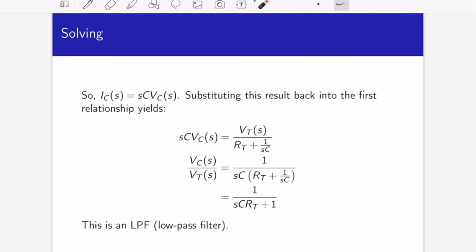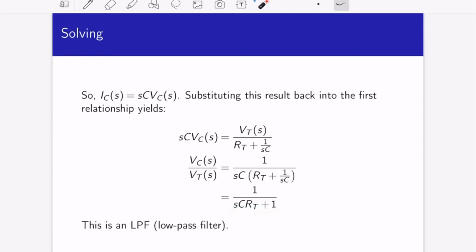Dividing through by sC and also V_t, we end up with the ratio V_C over V_t is equal to 1 over sC times the quantity R_t plus 1 over sC. Multiplying through the denominator by sC, we get 1 over sCR_t plus 1.